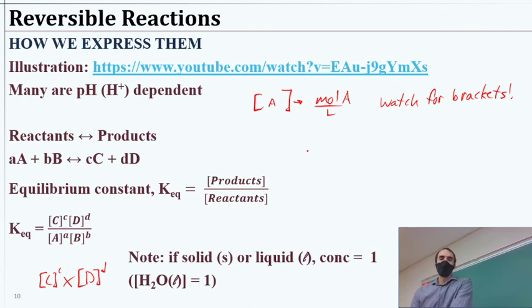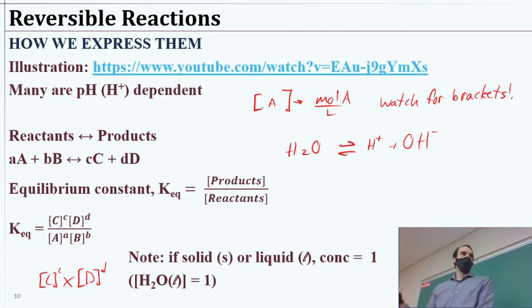So for example, take the reaction of water, which is in equilibrium with H plus and OH minus. If you're not familiar, that's the acid-base chemistry of water, and that's where we get H plus in water. The K_EQ here for water, I'll call it K_W, is equal to 10 to the minus 14. And that tells us something about how much of water is in the form of these ionic species.